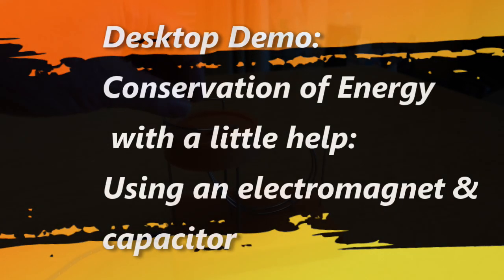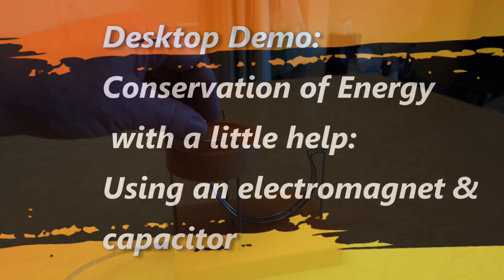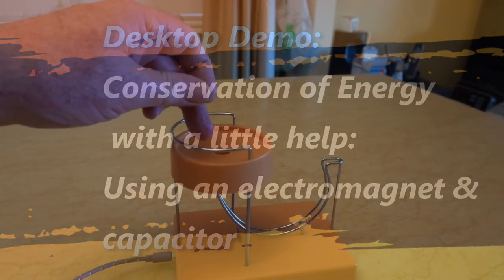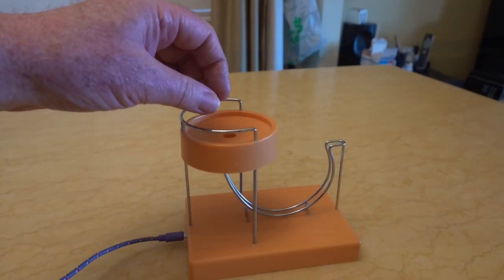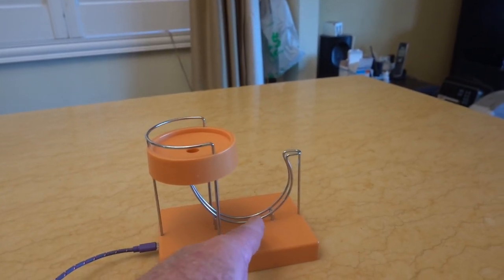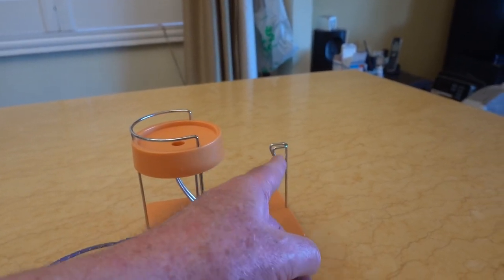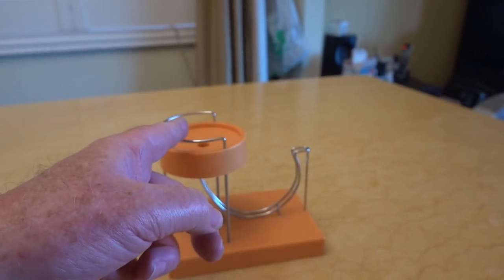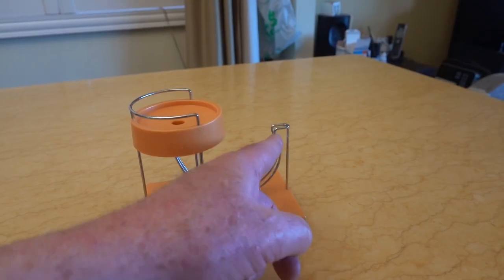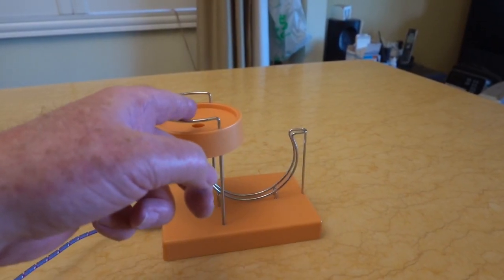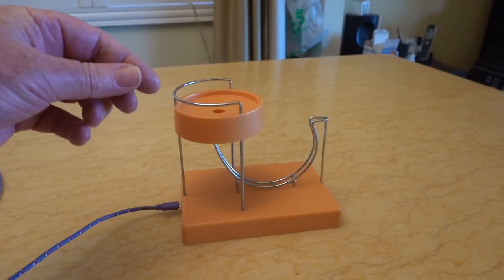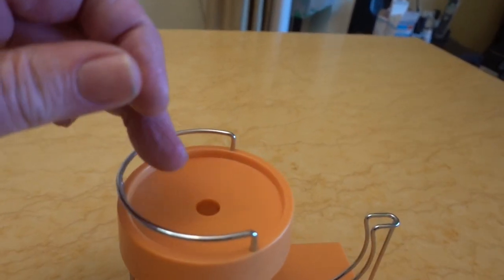So what we're going to do is convert the potential energy that we have here, and there's a small electric motor that gives it a little push. So while it's down here, it still has enough energy to complete the cycle. So there's lots of kinetic energy here, enough to get back to its original launch position. So we're going to launch it. The electric motor is just inside.